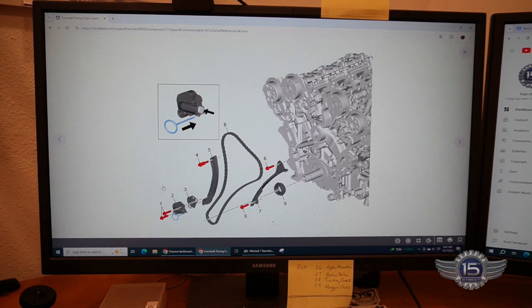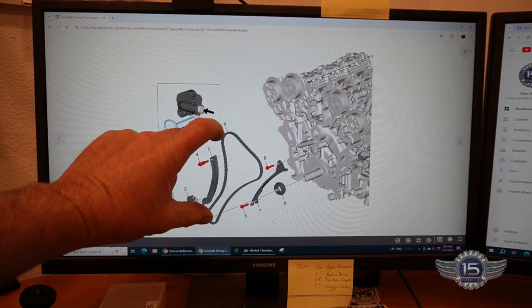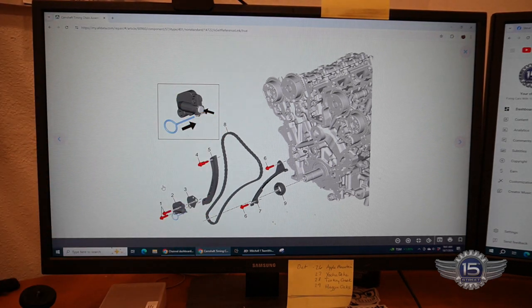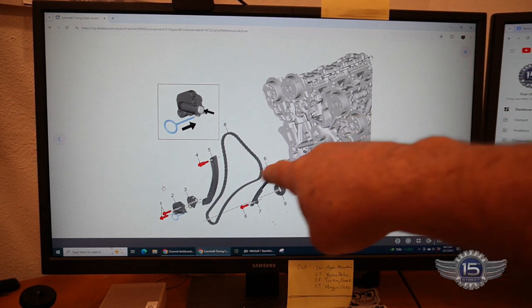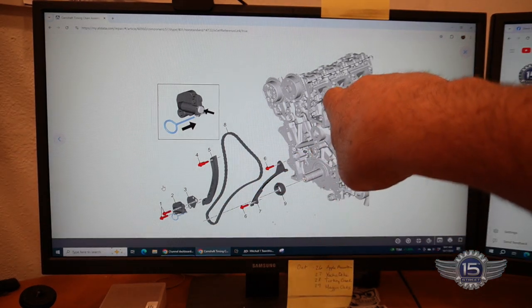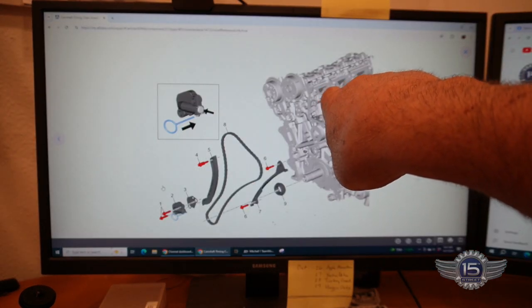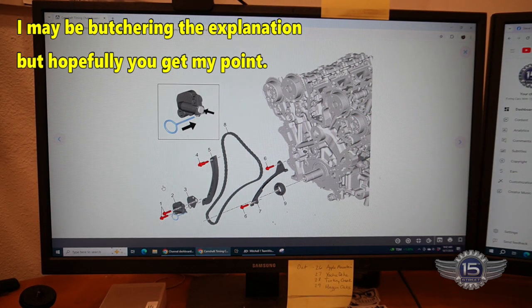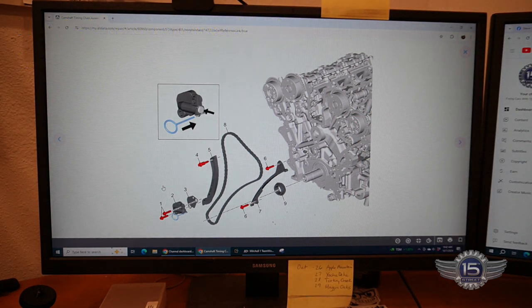The variations are going to be magnified because we got this long stretch of chain that can stretch. We got many more links that can show stretch in between the crank and the intake versus in between the intake and the exhaust.